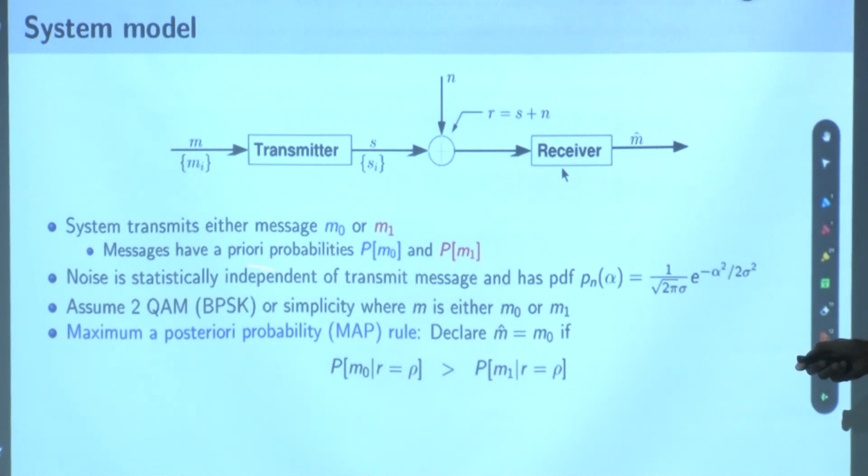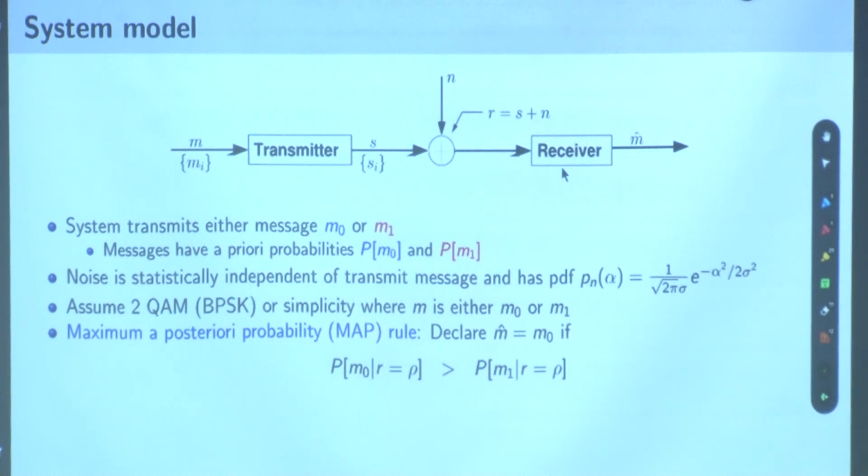One is the a priori probability, which is the probability of transmitting a message even before any event has happened, given as P of M0 and P of M1. And this is the a posteriori probability, which is calculated after an event has happened. And what event has happened? Basically, the receiver has received the signal. As I said, these a priori probabilities are known to both transmitter and receiver.